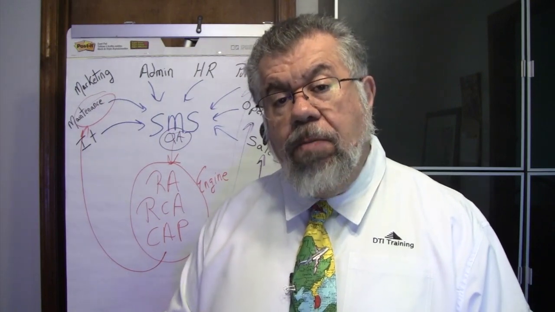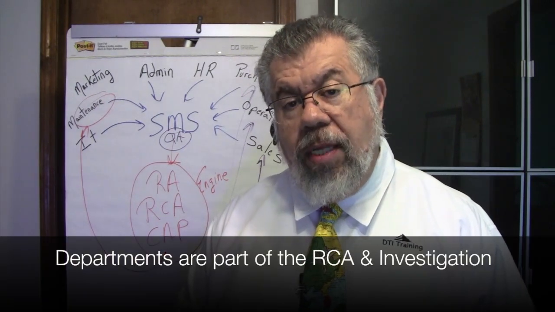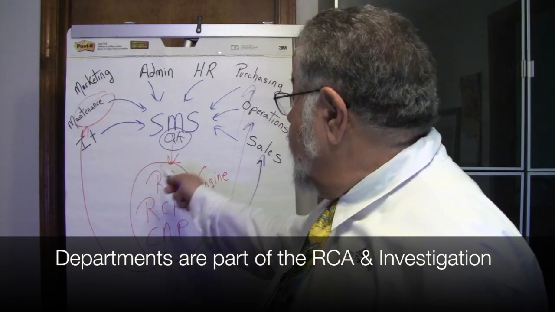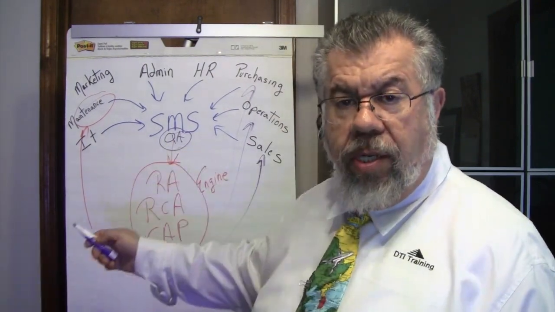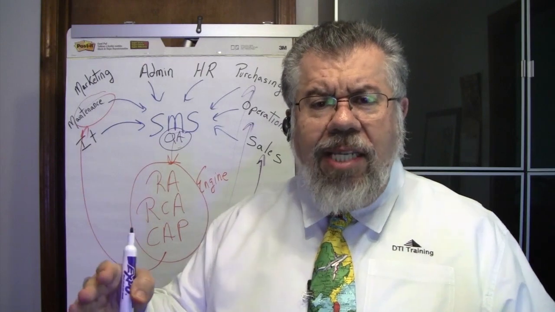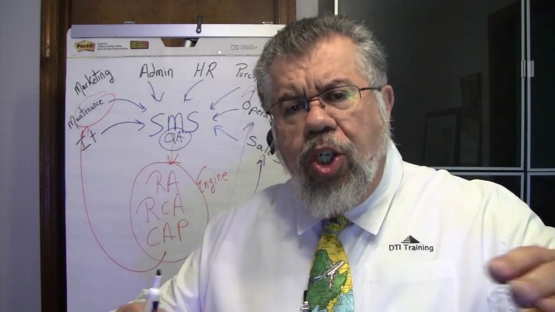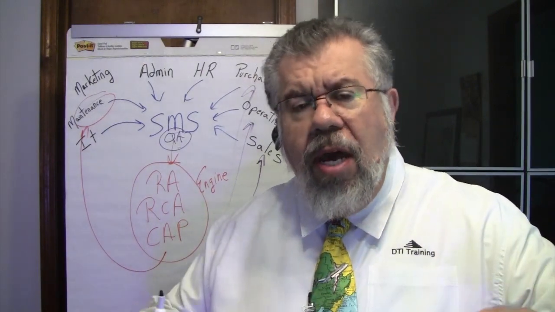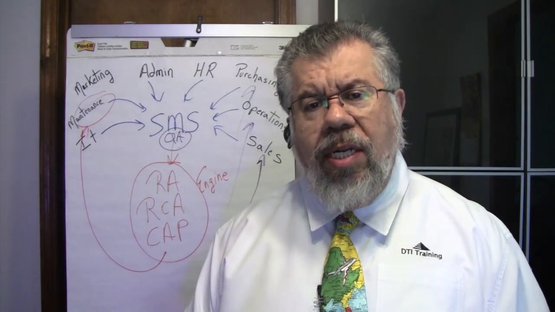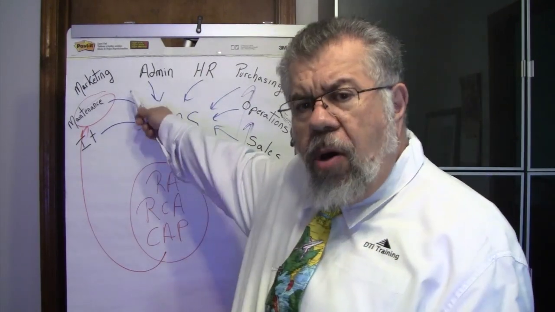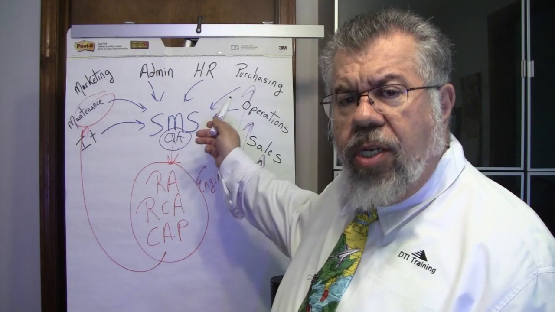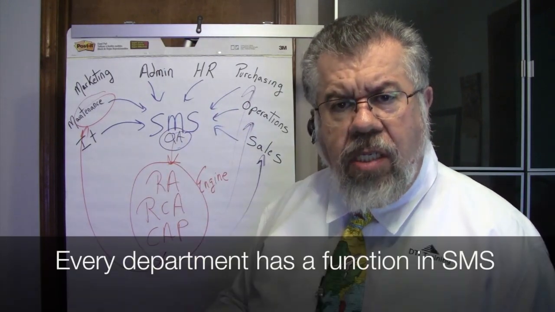And they are responsible for implementing the corrective action plan, which is later checked by quality assurance. So the SMS infiltrates or is part of the entire organization. Every department has its function in safety management systems.